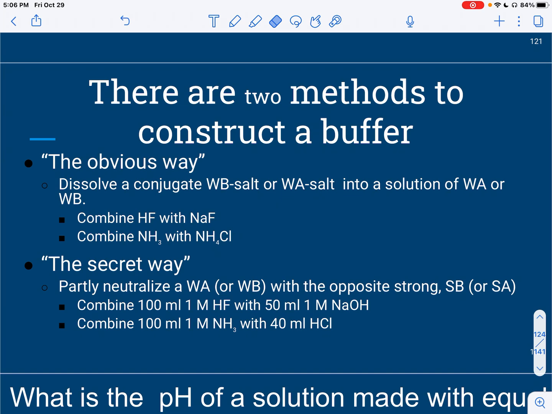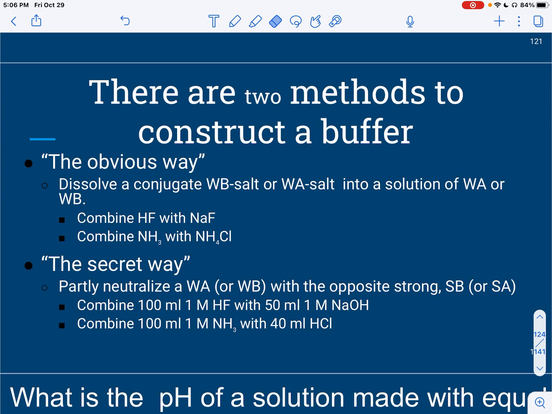The secret way, and we talked a little bit about this in the titration video, is to partially neutralize a weak acid or a weak base with the opposite strong. Because you know that when you neutralize, you are creating the conjugate. We talked a lot about that in the titration video.